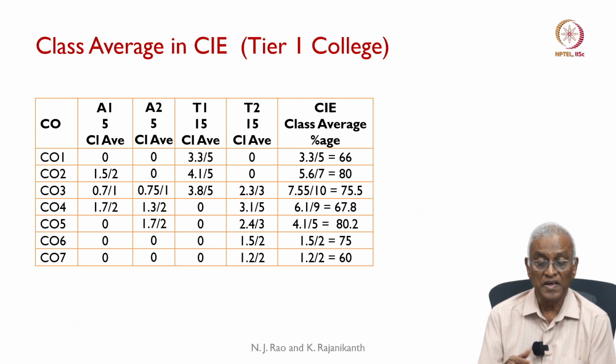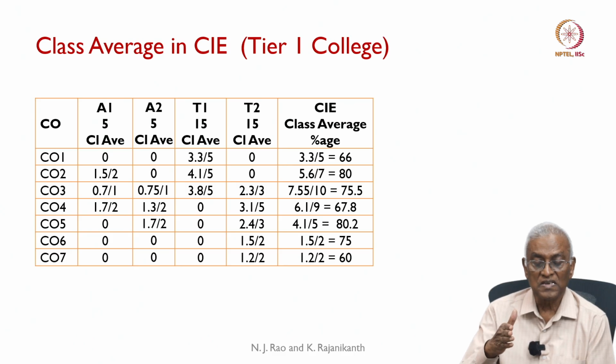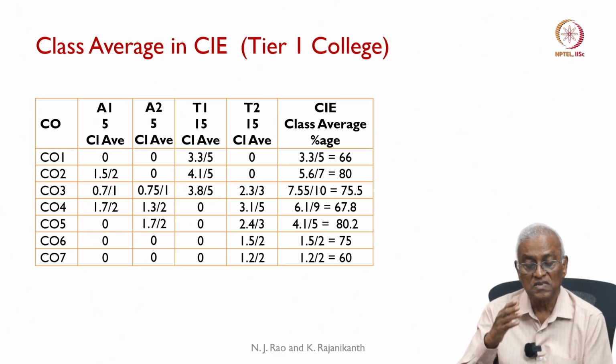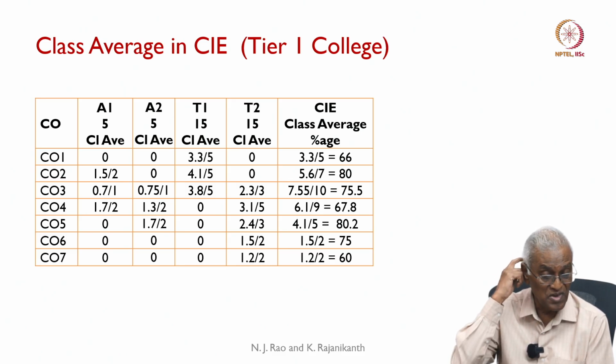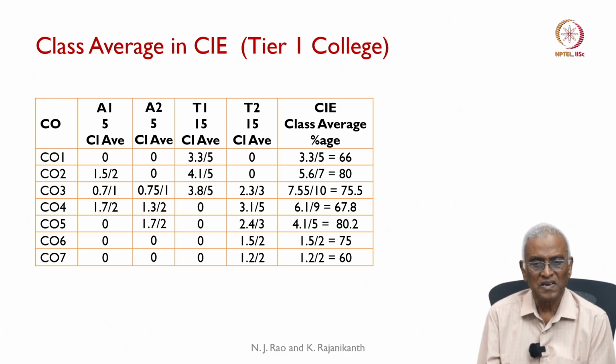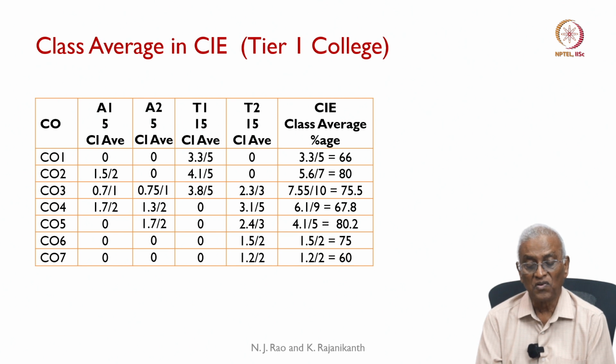I compute like that. So CIE class average now, as you can see, is 66, 80, 75.5, 67.8. Though I am showing some decimal places, actually decimal places are not required because these are all approximate ones. You can round it off.